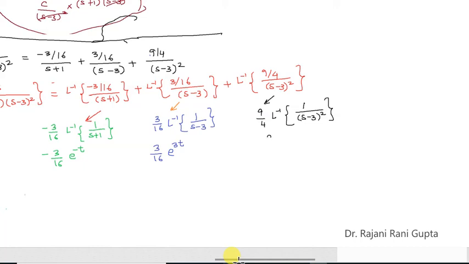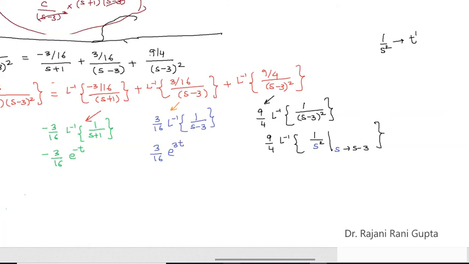Okay, so it will become 9 over 4 Laplace inverse of 1 over (s minus 3) power 2. We don't have a rule for that, but we have a rule for 1 over s power 2, which says it is t power 1. So we can write it as 1 over s power 2, where this s in blue is changed to s minus 3.